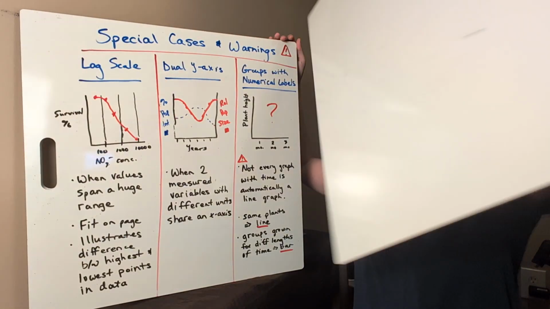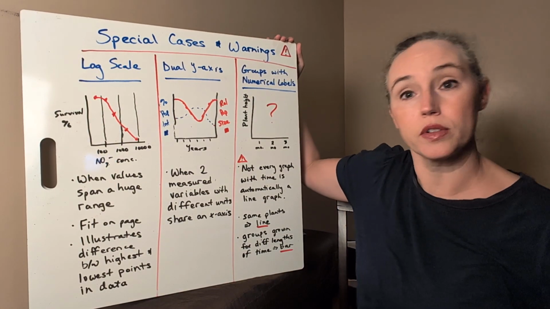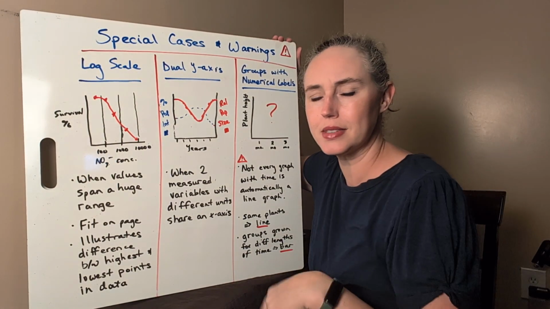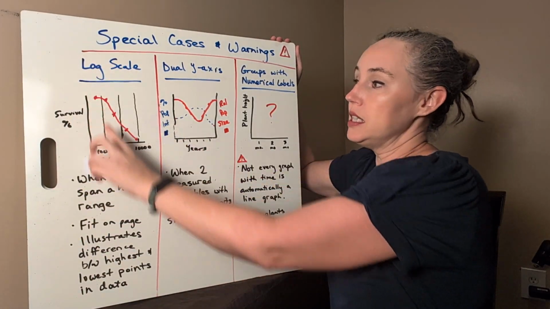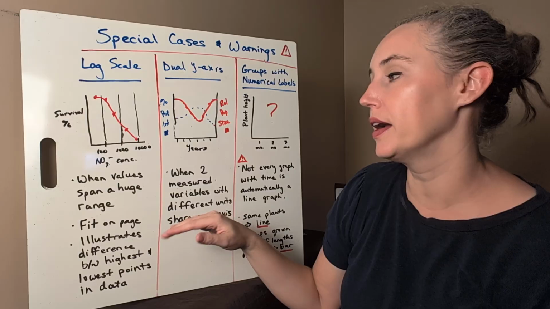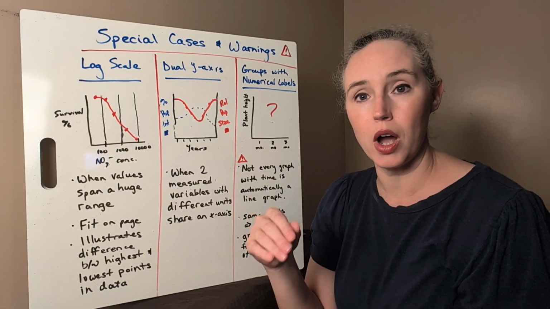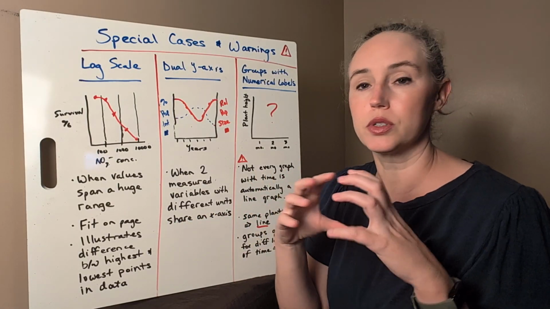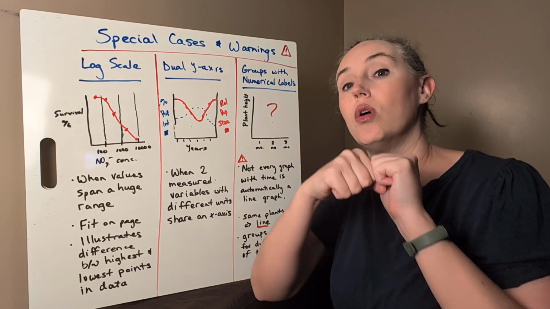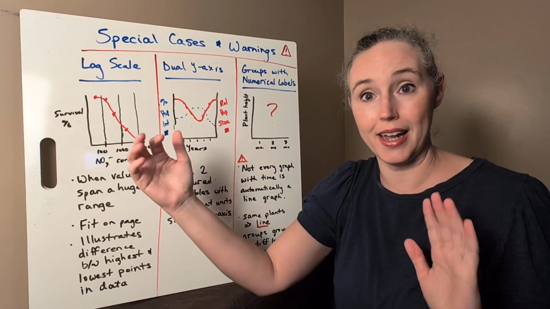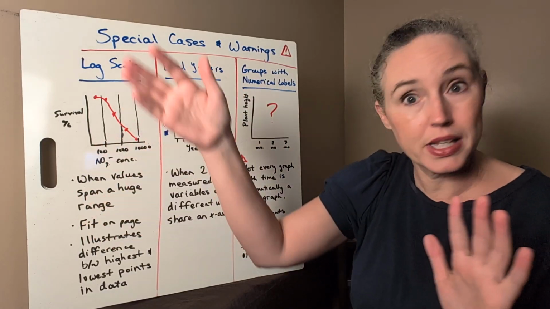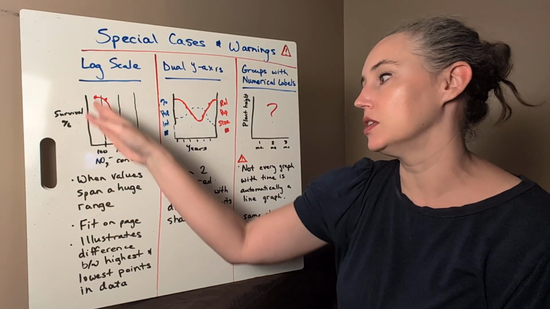Now, there are a couple of other unique situations. You may see a log scale graph where, on either the x or the y, your data set is so huge, like the range is so gigantic by powers of 10, that you need to have a log scale.